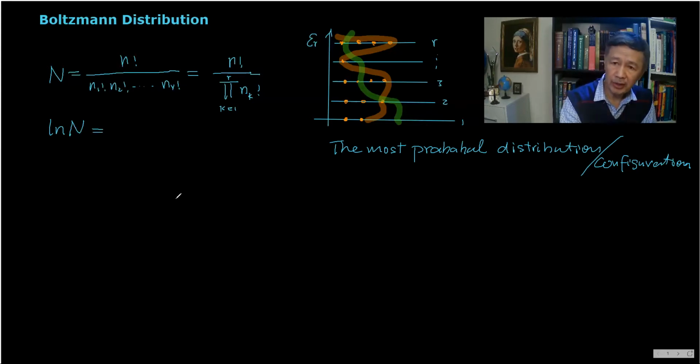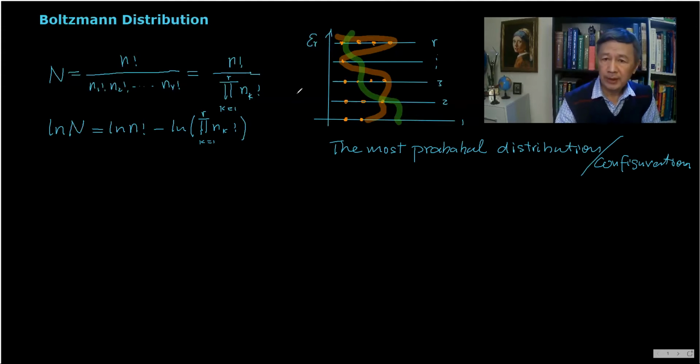If I apply the natural log, then the formula for capital N can be rewritten as ln N factorial minus, I use two steps, natural log of the product of nk factorial, with k from 1 to r.